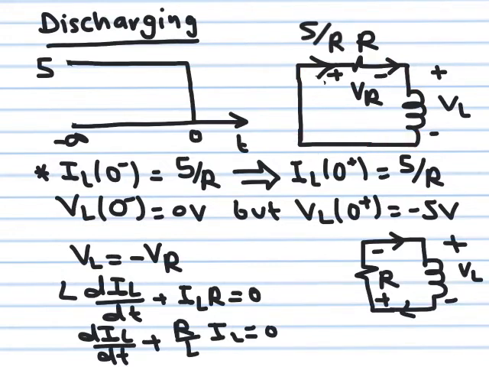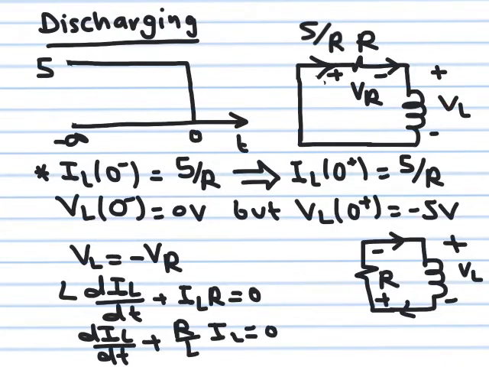But we have a strange situation, because before the voltage disappeared, the whole 5 volts was appearing across the resistor R. Now the battery disappeared, but the current is still the same. So at time 0 plus, VR was equal to 5, which means that VL at time 0 plus will be equal to minus 5.